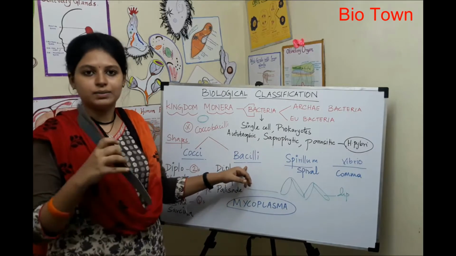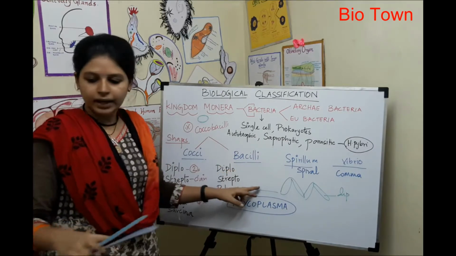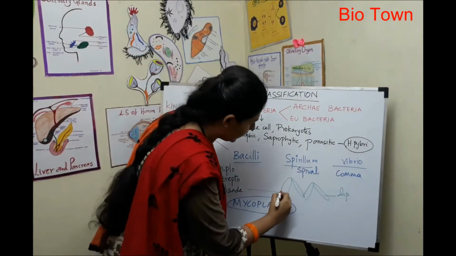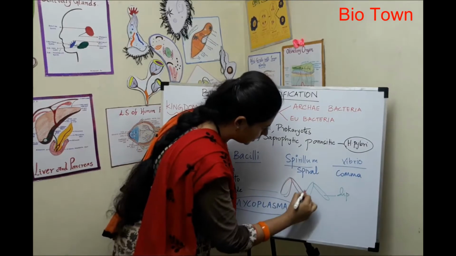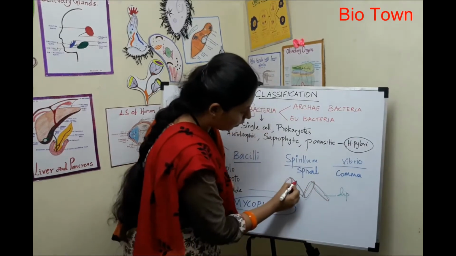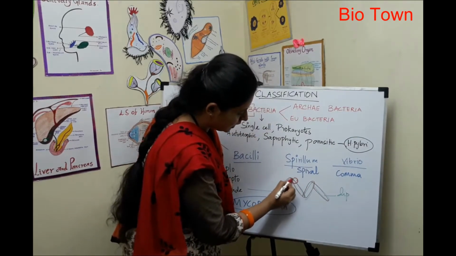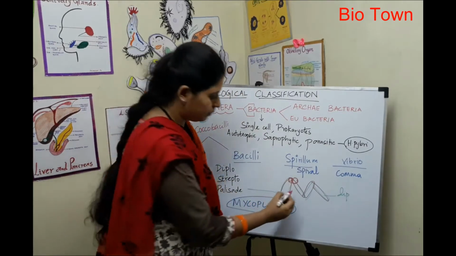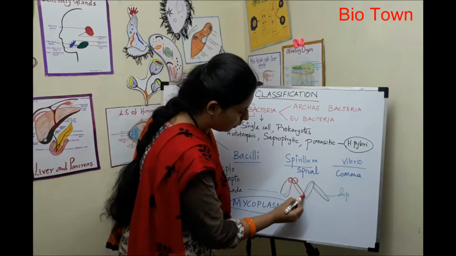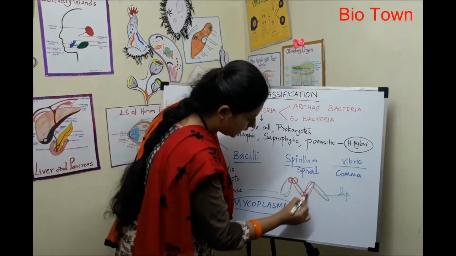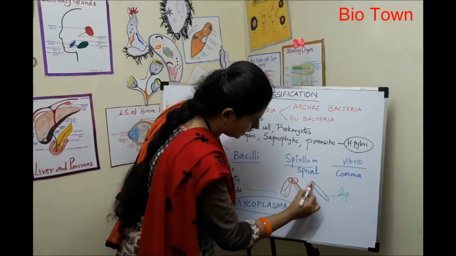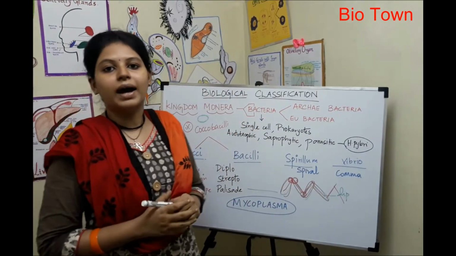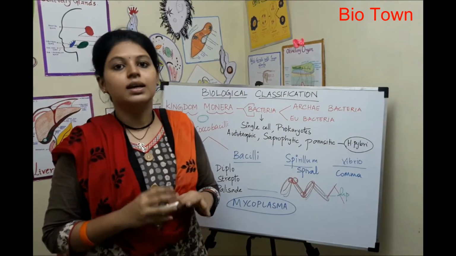Look at this, a zigzag structure where one pole of the bacterium is attached to the other pole of the next bacterium. Only one pole of the bacterium, not both poles, is attached to the next bacterium, resembling a zigzag structure. An example is Corynebacterium diphtheriae, which causes diphtheria.